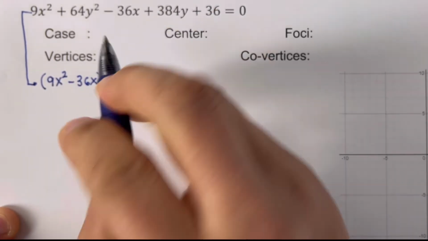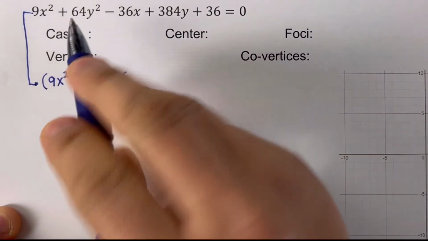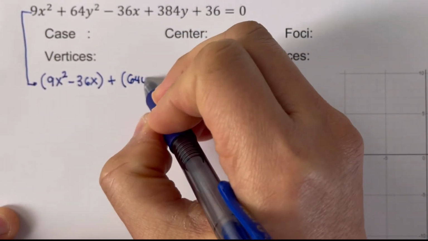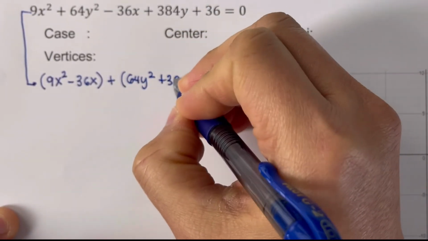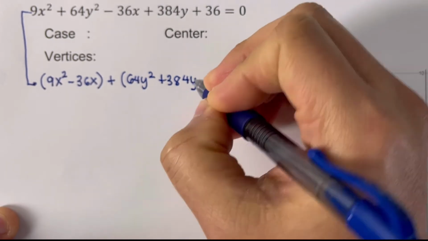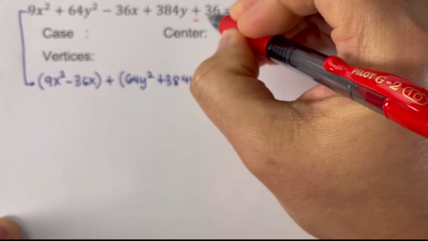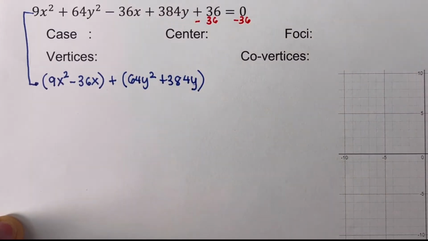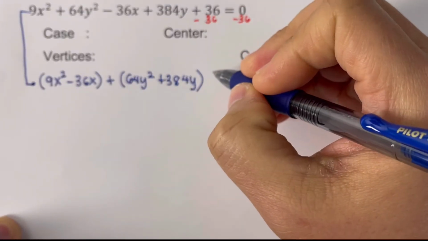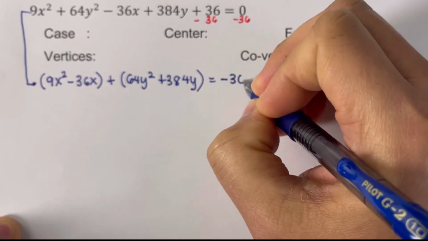Then we put together all the ones with y. So that is 64y squared, and then we have a plus 384y. And then we are going to put the 36 to the other side of the equation. So pretty much we have to subtract 36 from both sides, and so our equation is going to be equal to negative 36.